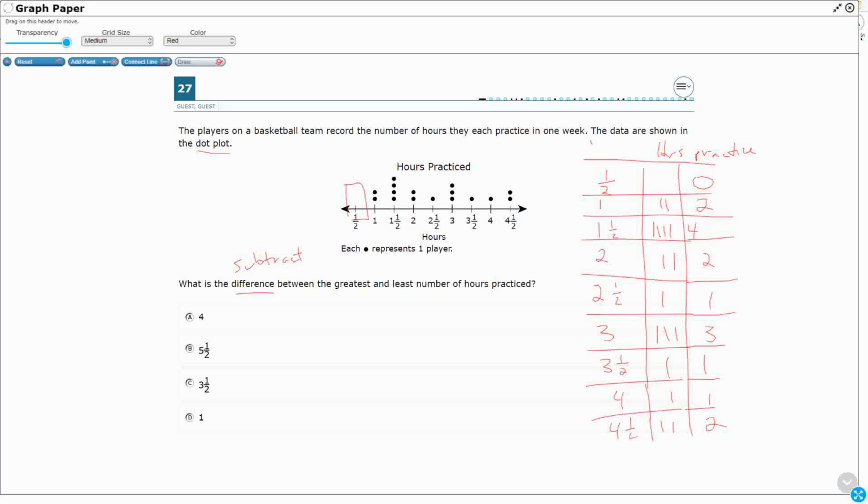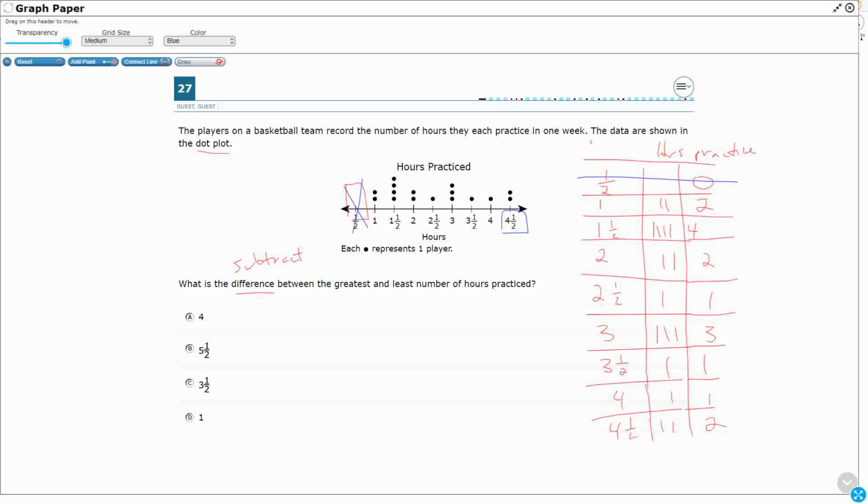Here's the trick. We are not going to count this. Even though the actual number line goes down to 1/2, we are not going to subtract, and you see that that's here, okay?